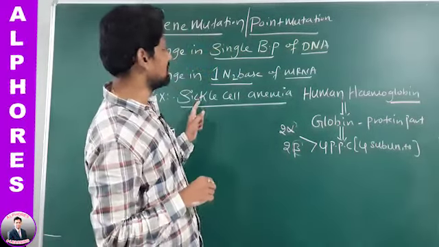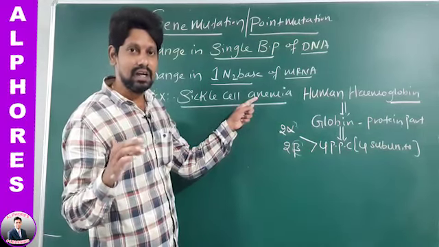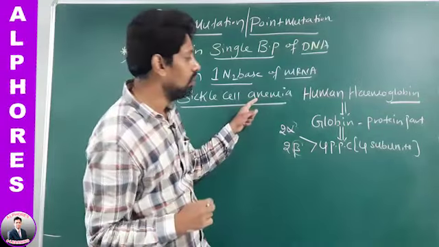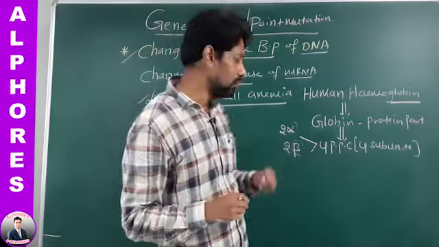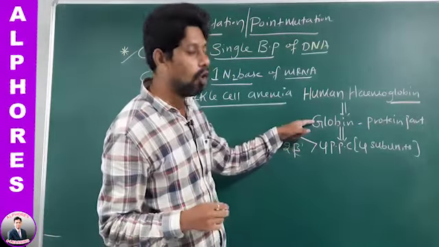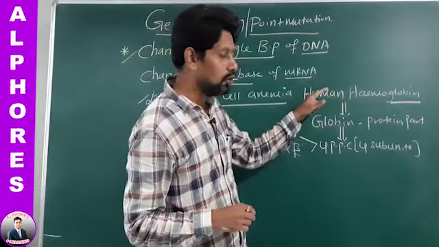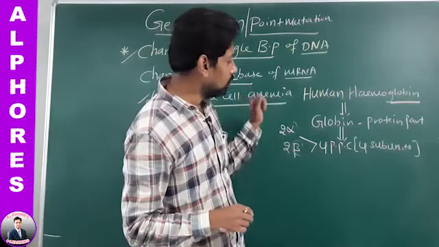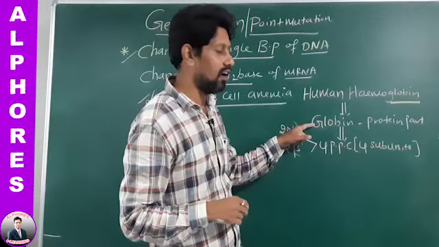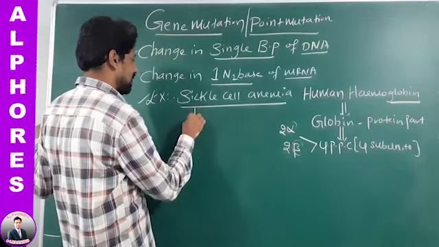This sickle cell anemia is due to change in the beta chain of globin protein in human hemoglobin. Therefore, due to change in the beta polypeptide chain of globin protein, sickle cell anemia has arisen.